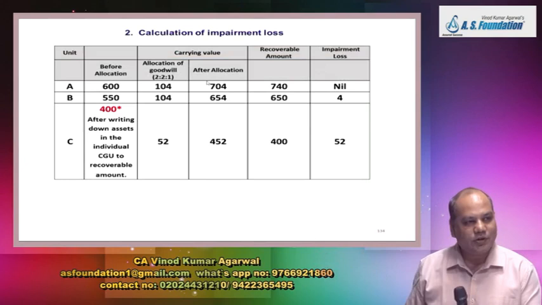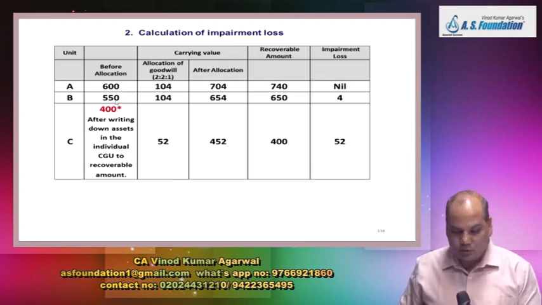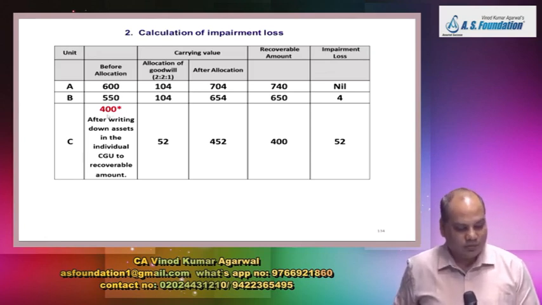Up to this IFRS 3. Now IAS 36 will take the charge. Calculation of impairment loss. Unit before allocation of goodwill, then allocation of goodwill, carrying value after allocation of goodwill, recoverable amount, and impairment loss. Now look at this, because students have asked me, sir, why is this 400 here? It is 450 in the question.